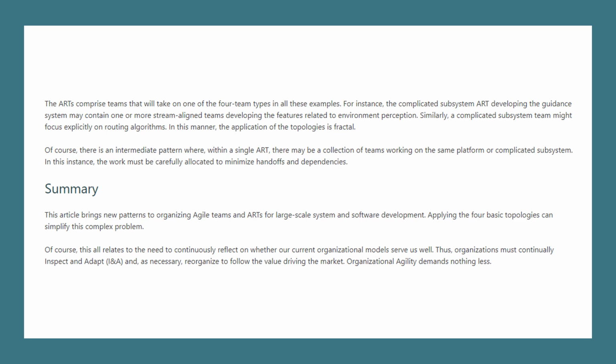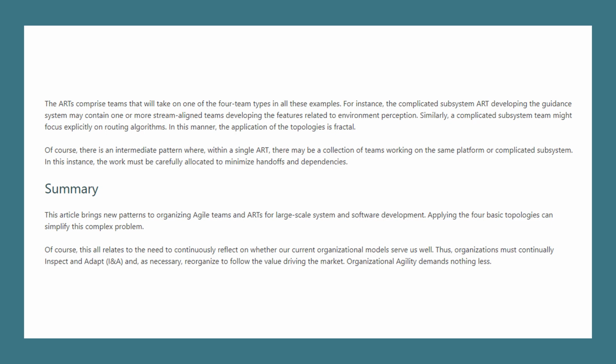Of course, there is an intermediate pattern where within a single ART, there may be a collection of teams working on the same platform or a complicated subsystem. In this instance, the work must be carefully allocated to minimize handoffs and dependencies. In summary, this topic brings new patterns for organizing teams and ARTs for large-scale system and software development.